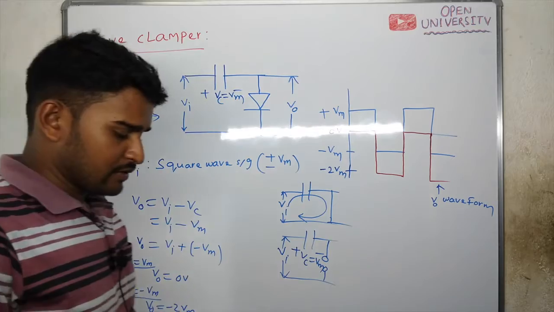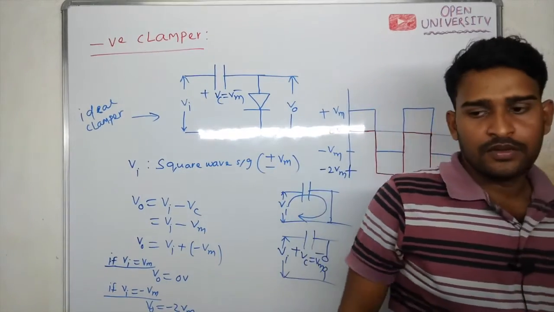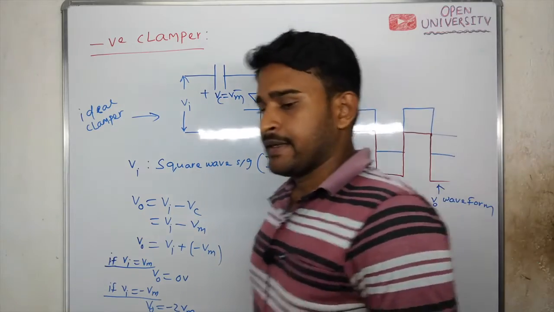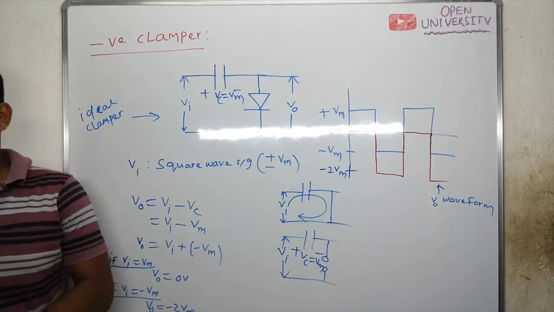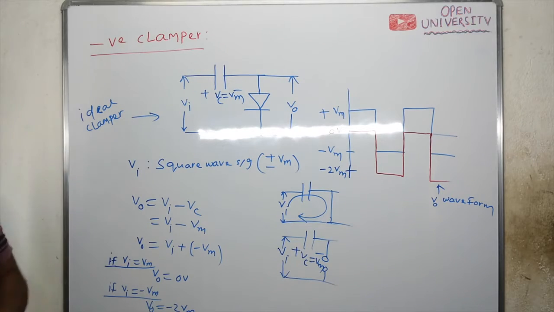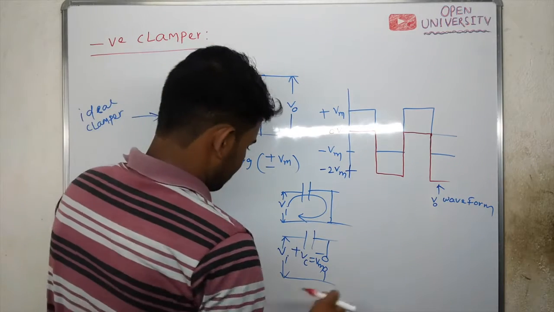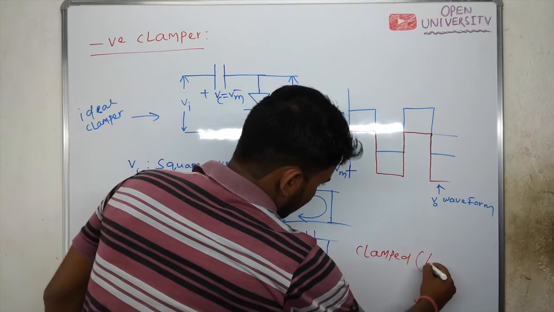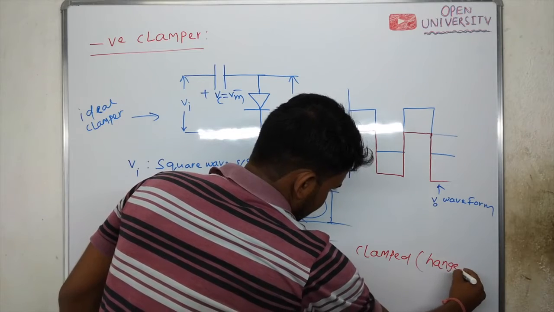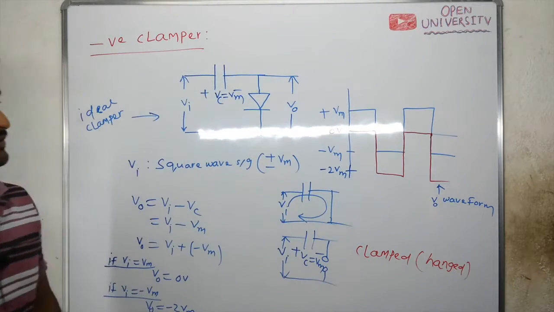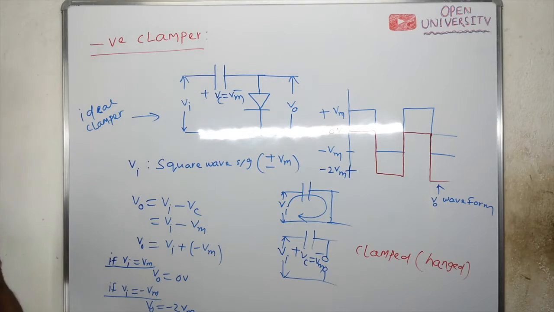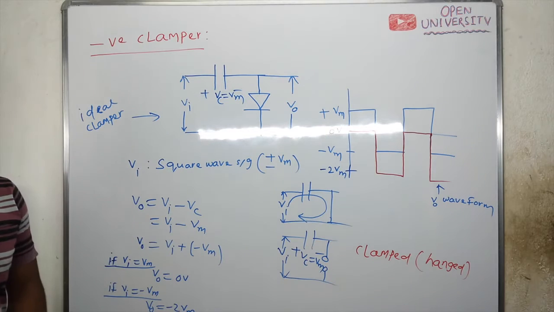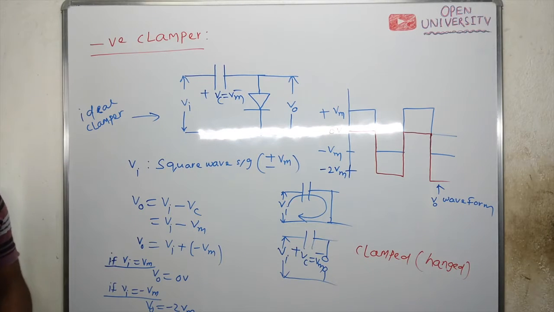Add our next point: the positive peak of the output gets clamped or hanged to 0 volt.